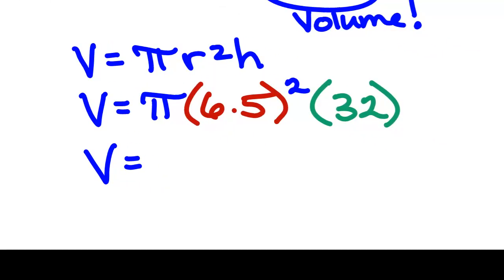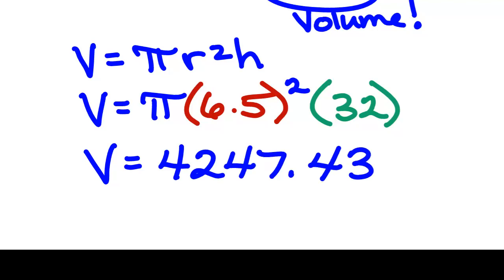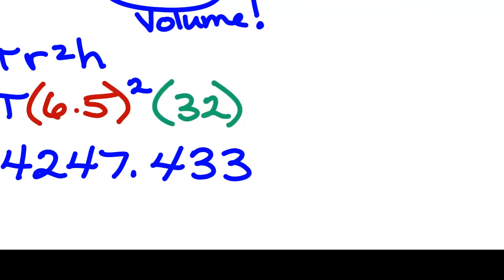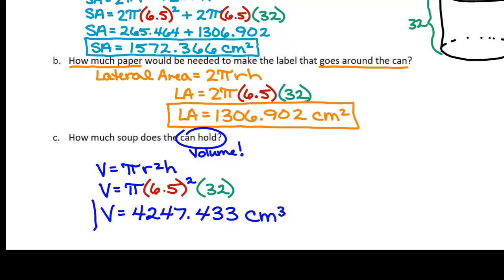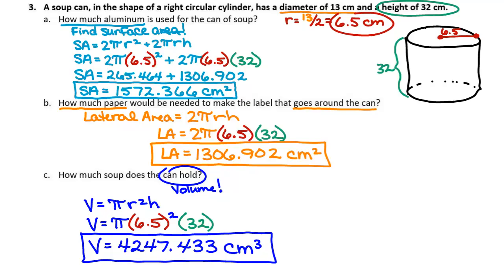What do we get for our volume? 4247.433 centimeters cubed is absolutely correct. Very nicely done.